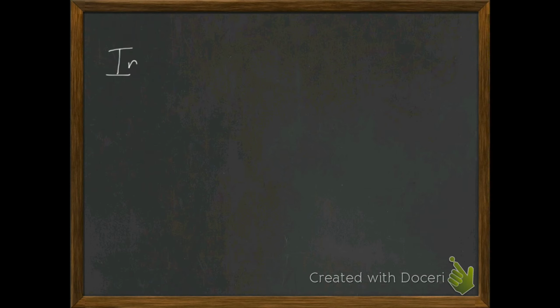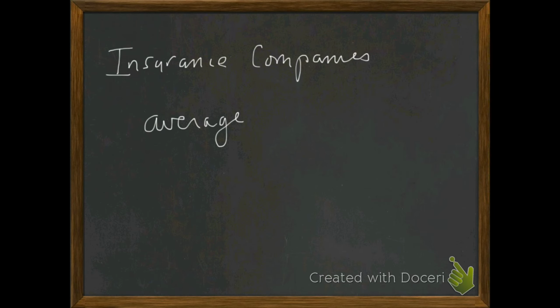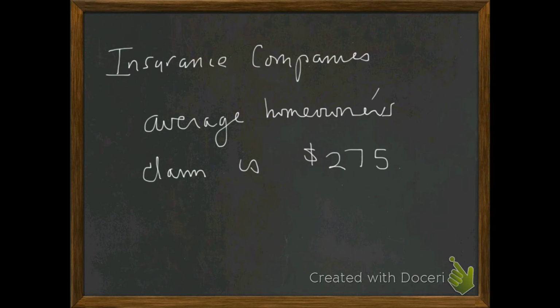Insurance companies have made the claim that the average homeowner's claim is $275. You suspect this. You think that they're inflating this average amount so they can charge more money.